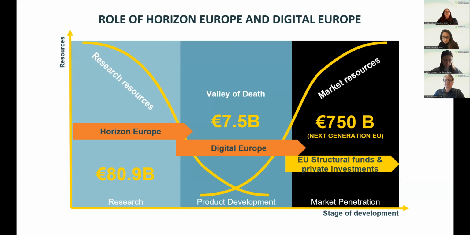Some of you may be familiar with the Horizon Europe program. They fund research and innovation projects. They've been doing this for many years. But now the Commission wants to support even further the digital transformation, to bring the product development closer to the market, and hence avoid this valley of death that you can see here on the slide.